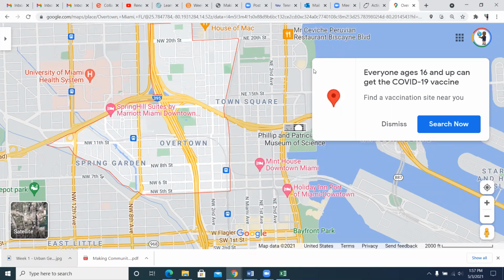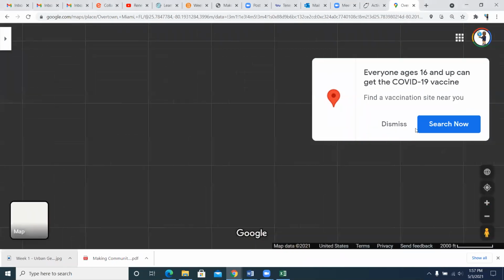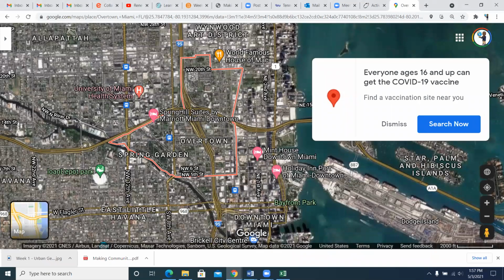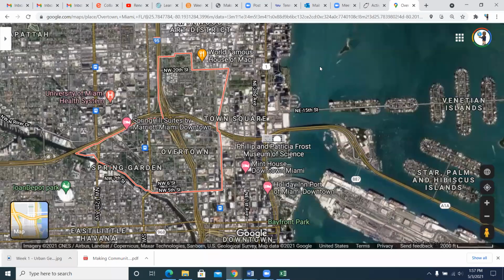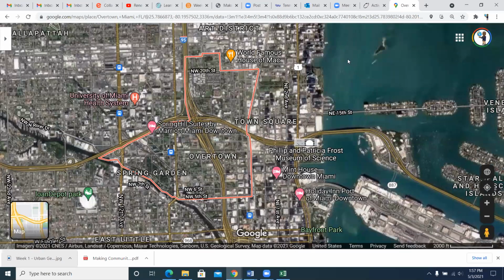So anyway, Overtown is being encroached upon by developers. It's something called gentrification. Anybody familiar with the term gentrification? Yes, they come in and try to get people to move out in order to redevelop it for richer people.